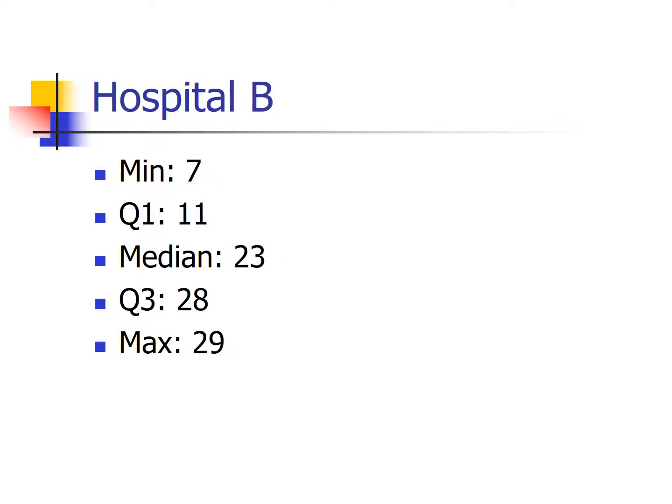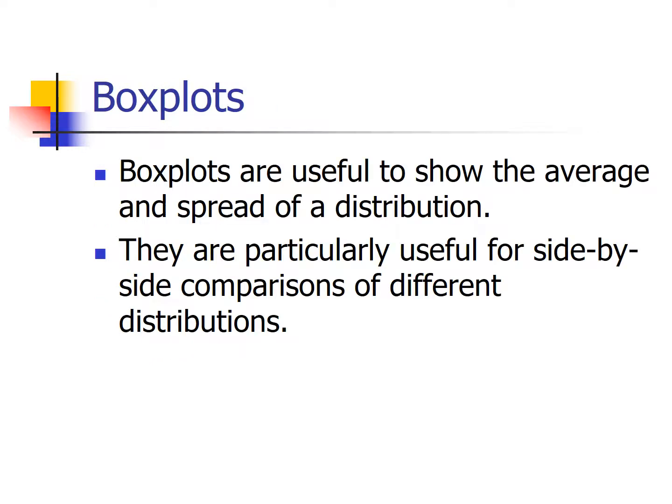For Hospital B, I'll leave it to you to confirm this. We just did the first and third quartile as well as the median. If you look at the slide for the nurses from Hospital B, you'll see the minimum and maximum are 7 and 29. So we can use the information from that 5-number summary to create something called a box plot, which we'll talk about how to do in the next few slides.